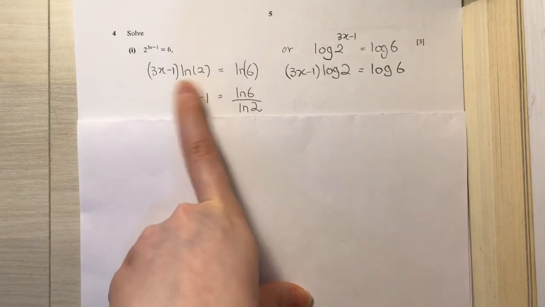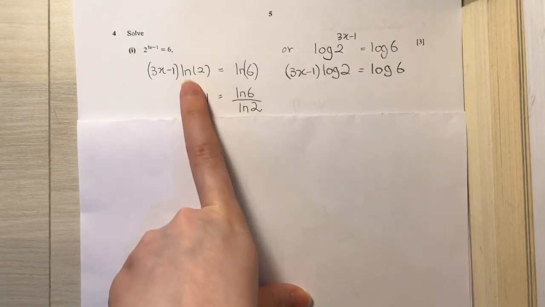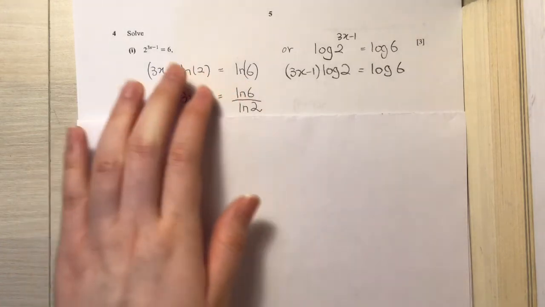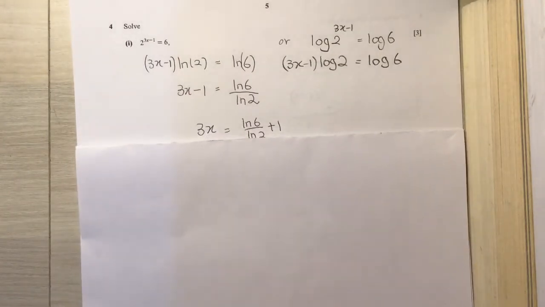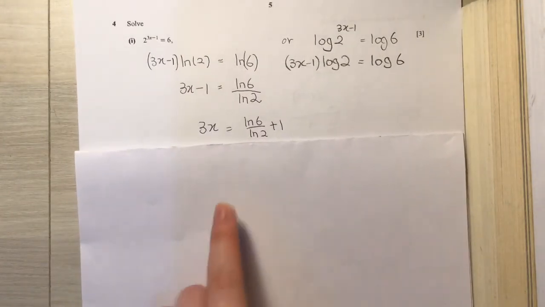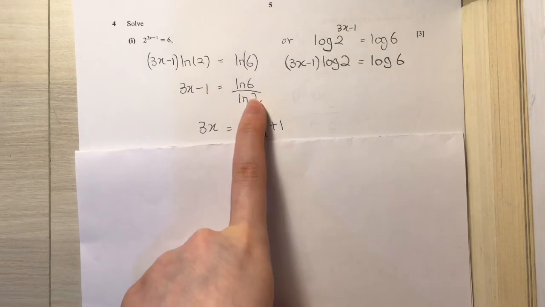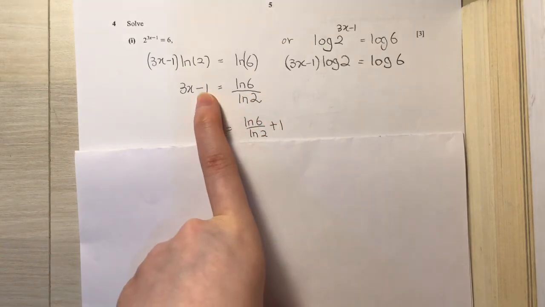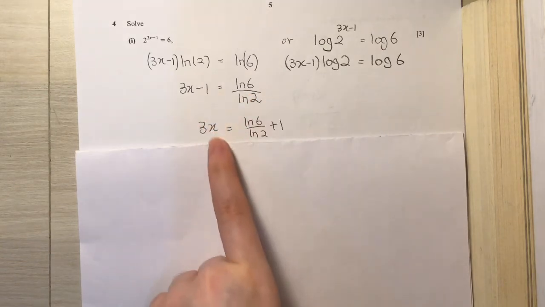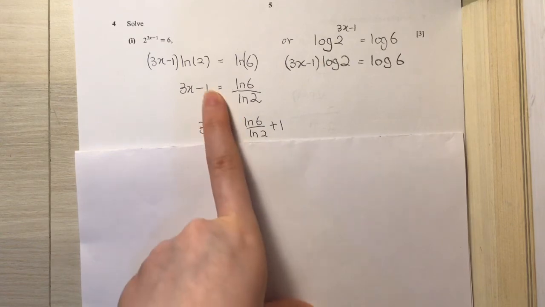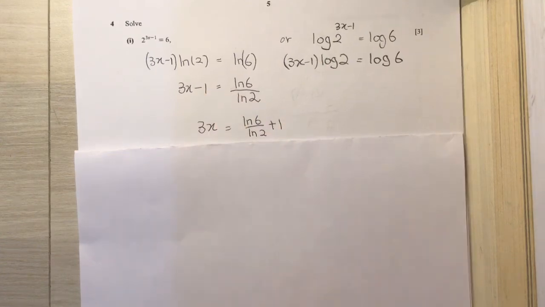So these are the parts that don't involve x, so you move them to the right hand side of the equation first. Then you plus your 1, which you shift from the left hand side to the right hand side. So you have to change the sign from minus to plus over here.